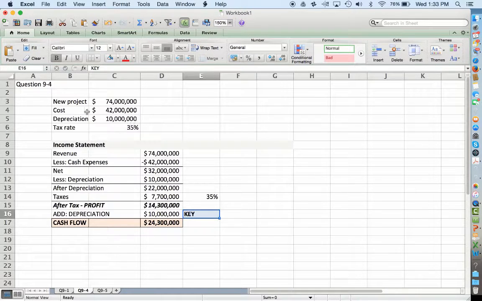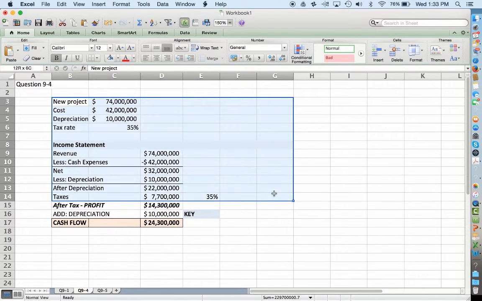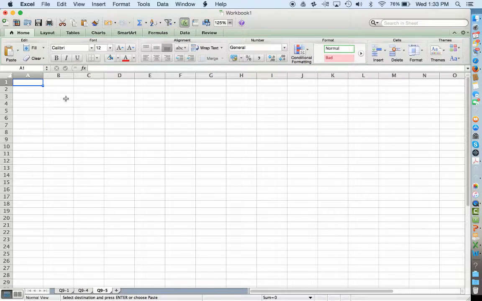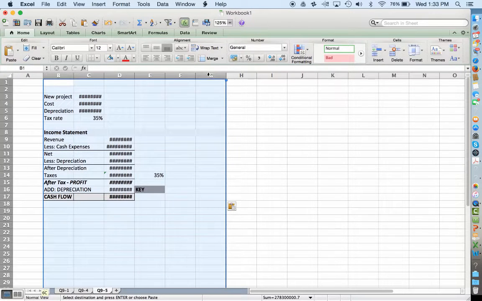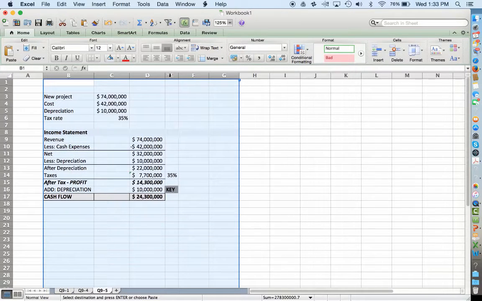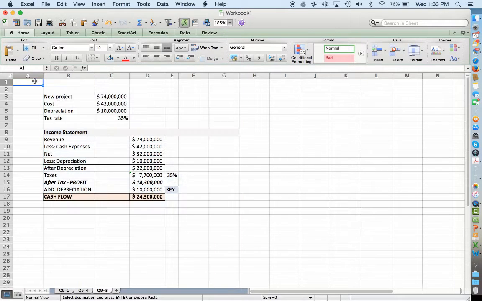Copy the whole thing you've typed, if you're working in Excel, and paste it. And then delete out all the data, right?